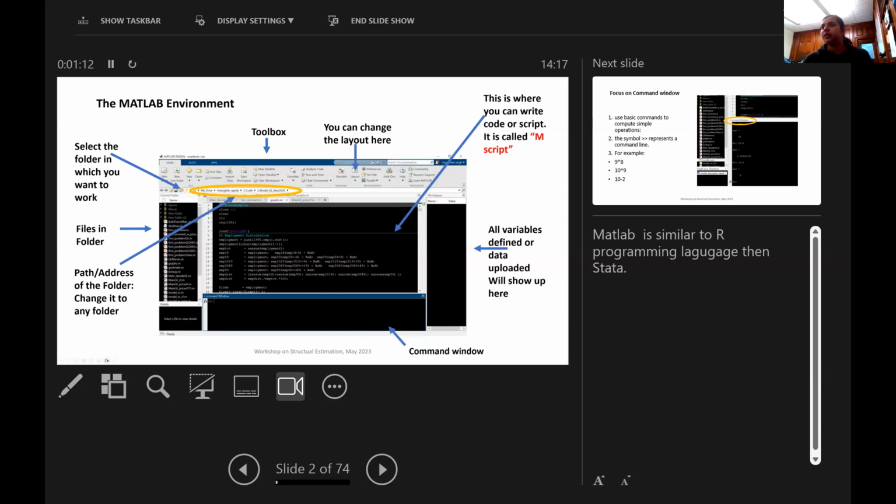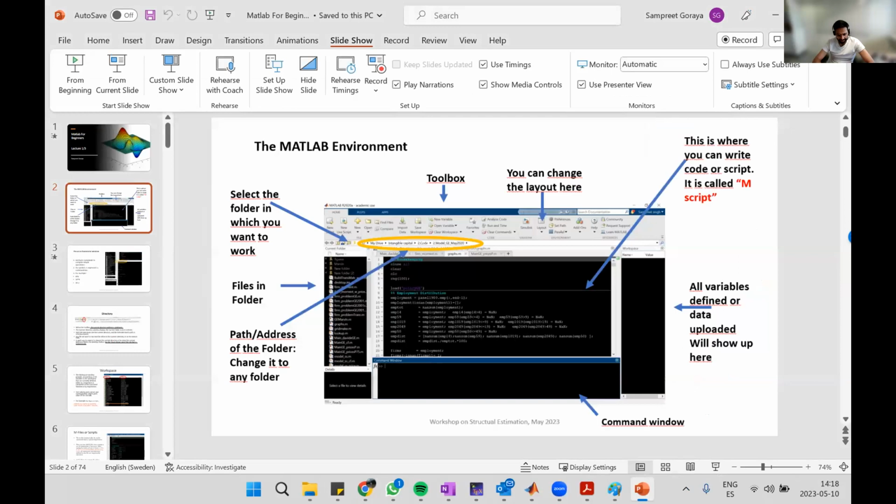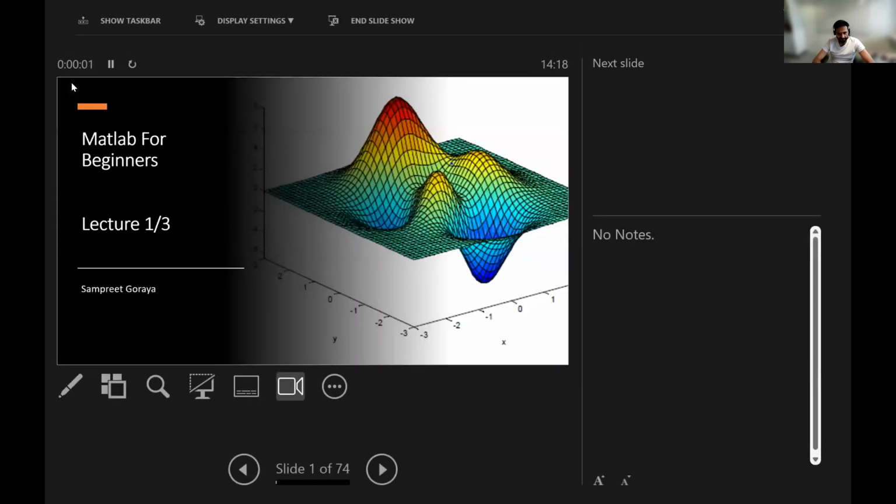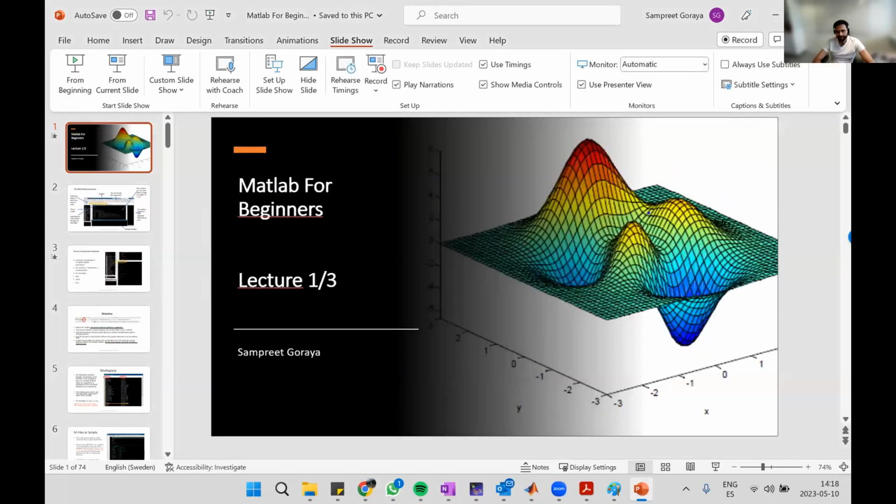Sampreet, hello, you are cutting a little. Now it's better. Also, can you make sure the screen is full screen? Ah, okay, that's new. Let me do one thing.